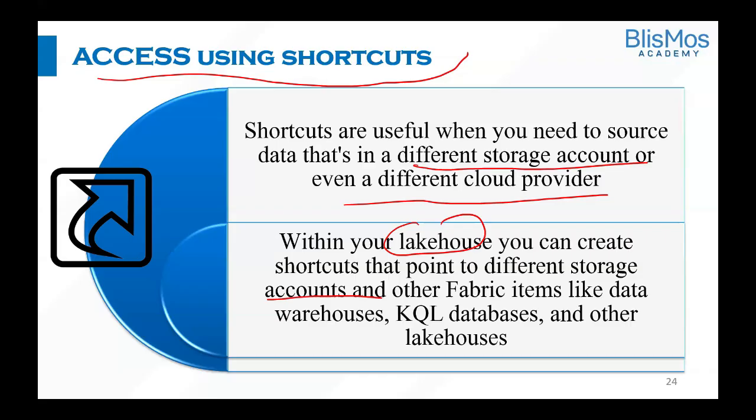In order to access the data of Malini's Fabric Lakehouse, we can create a shortcut from Parveen's Lakehouse. That is what I am trying to say. And apart from that, even other cloud providers. We are talking about Microsoft, but we can also establish shortcuts to other cloud providers like GCP and AWS.